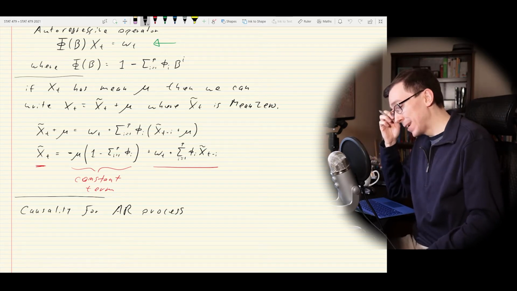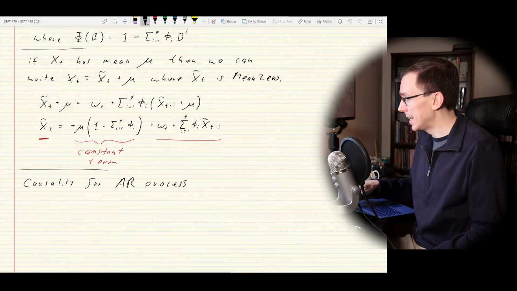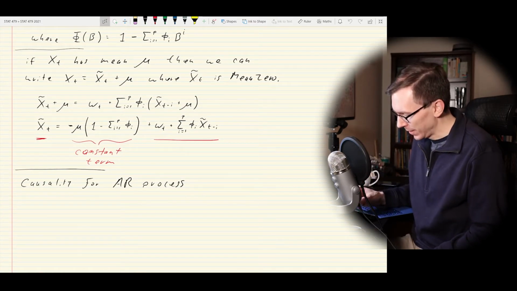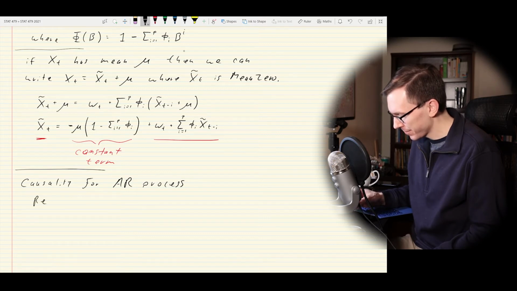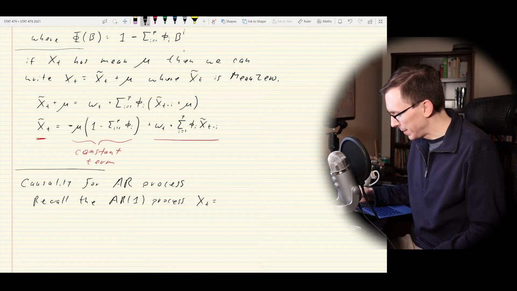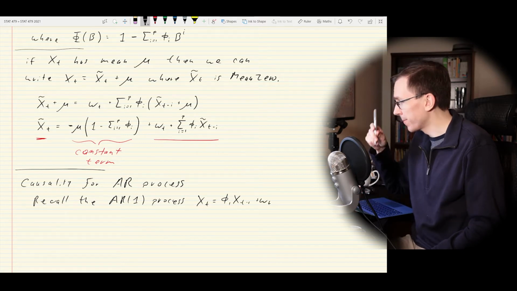So we can consider this in an AR(1) process, just for simplicity's sake. So I'll say recall the AR(1) process, which is just xt equals, in this case I'll use phi 1 to keep with the notation from above, phi 1 xt minus 1 plus wt.